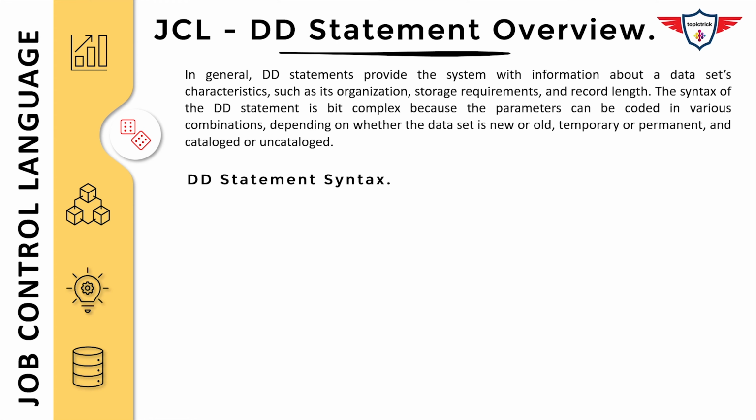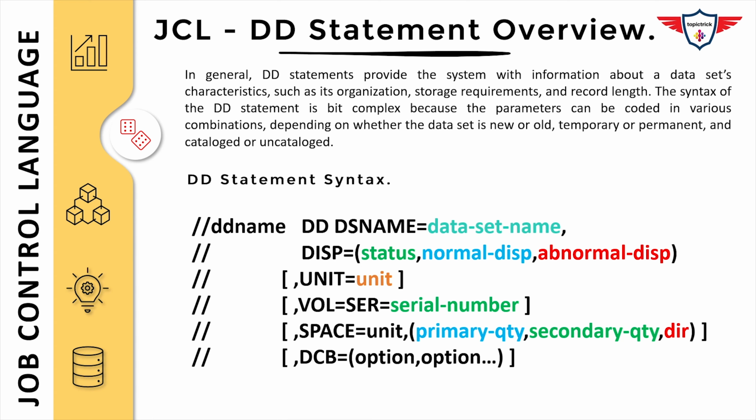Now let's focus on the JCL DD statement syntax detail and the different parameters which are used in a JCL DD statement. So the first two positions are reserved for the identifier. Then you have the DD name, the name that the program uses to refer to the dataset. Then you have DD to specify the DD statement in JCL.